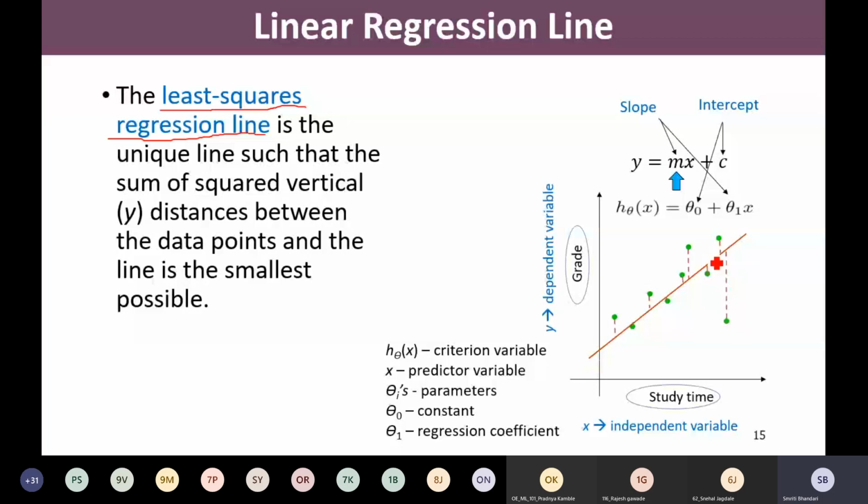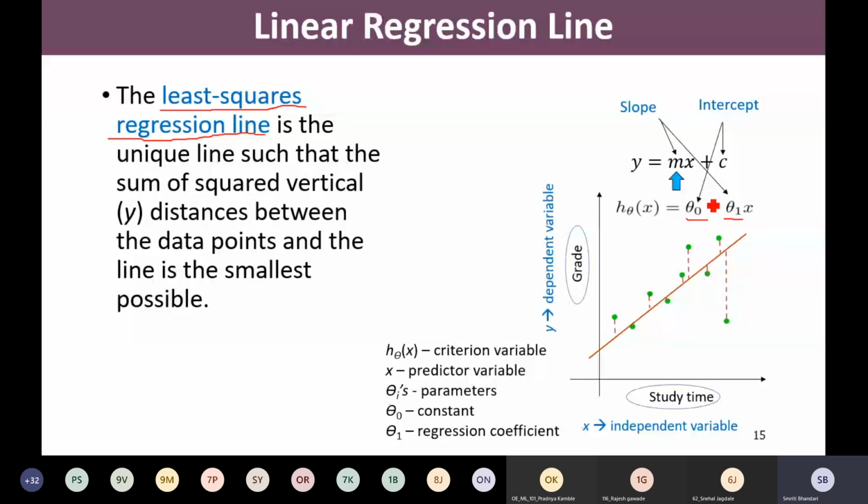Green points are my training samples, right? And if I come up with such kind of a hypothesis, then this hypothesis is actually being used to predict the output of future data, right? And as we mentioned, for this line, we need to find out the appropriate parameters theta 0 and theta 1.